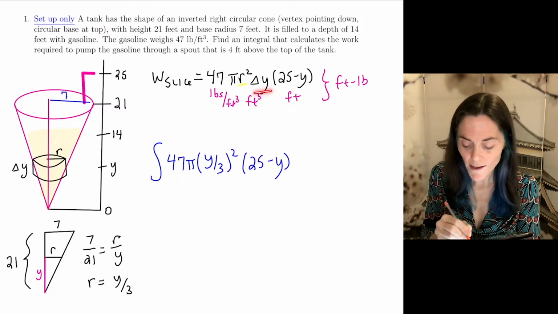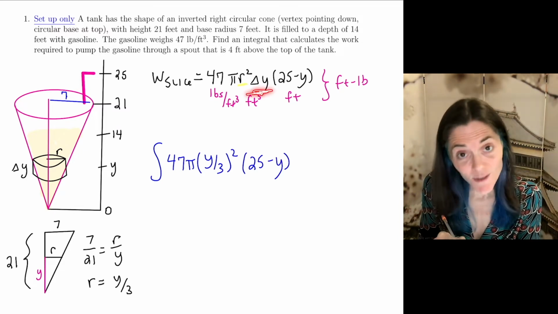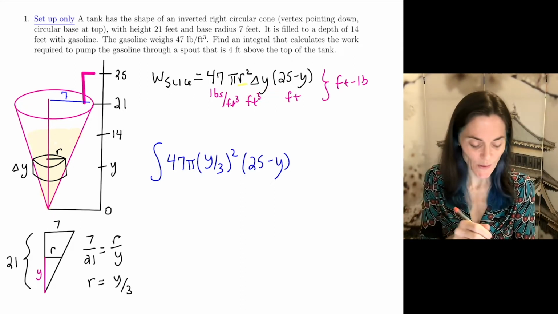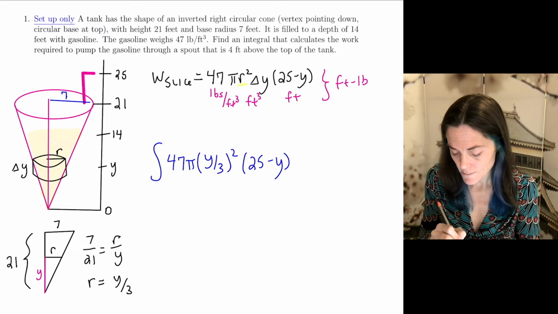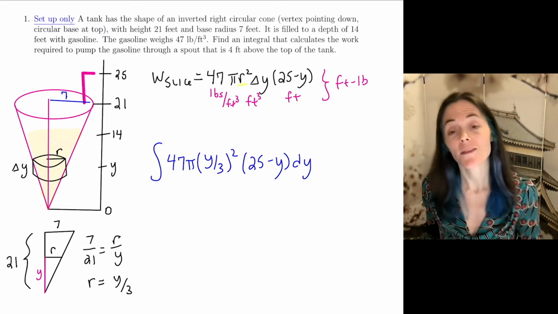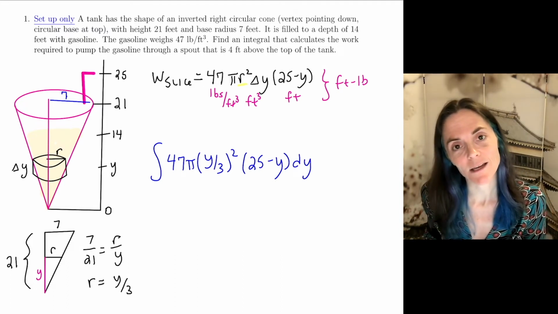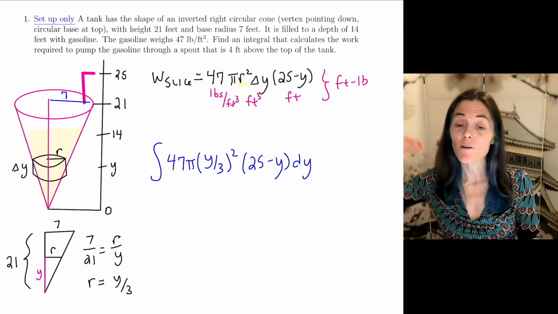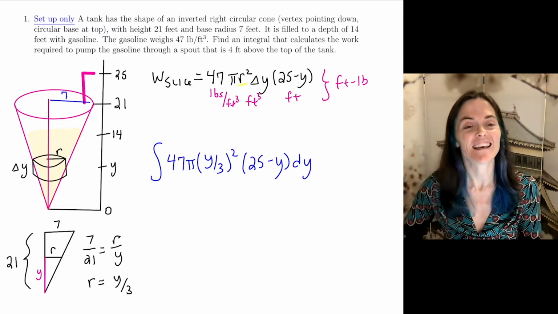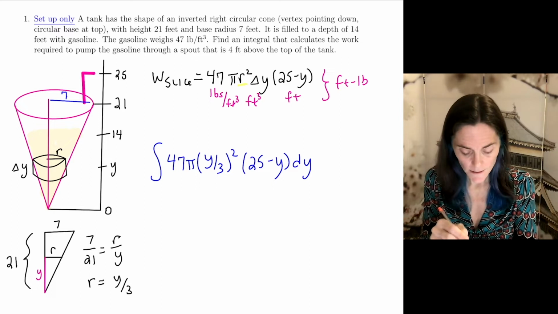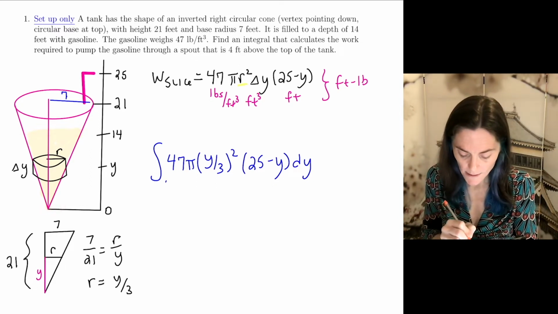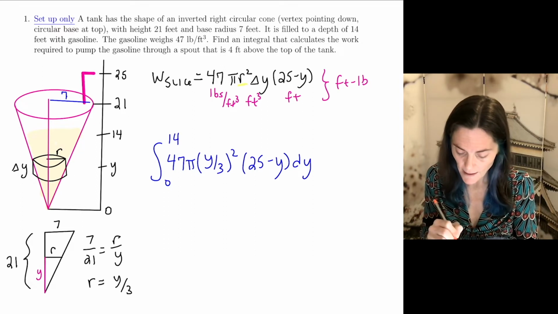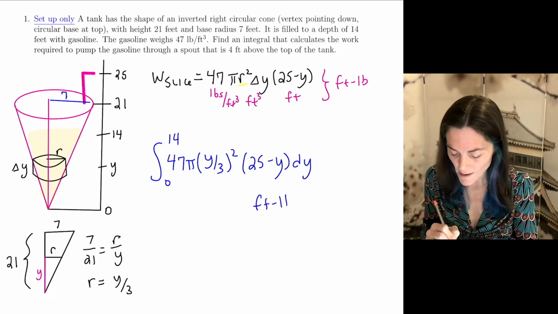This delta y, really this was Riemann sum notation, but when we go to the corresponding definite integral, the delta y becomes dy. Now the only thing left here are my limits of integration. I integrate over where my gasoline is, and my gasoline, you see, ranges between 0 and 14. So I integrate 0 to 14, and this altogether is in foot-pounds.